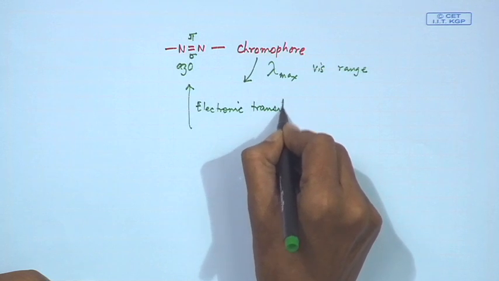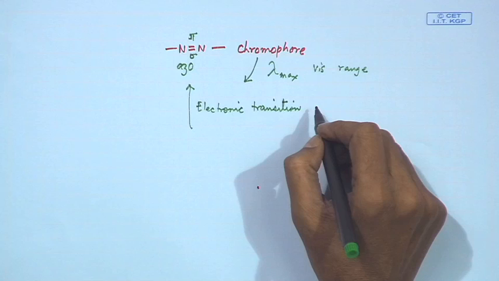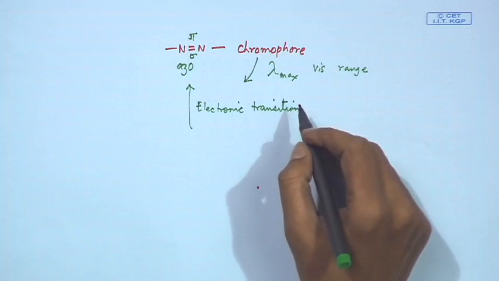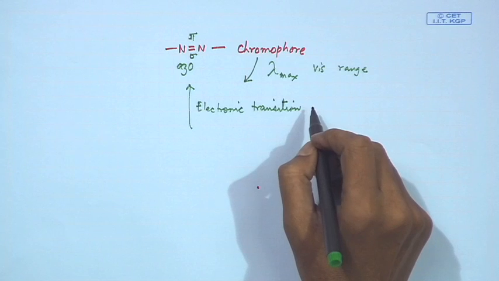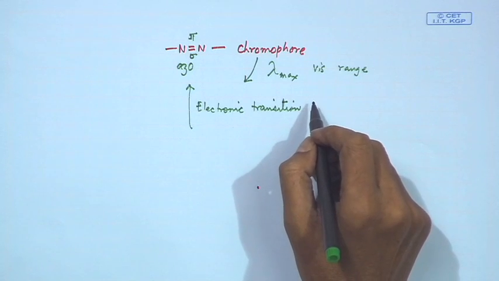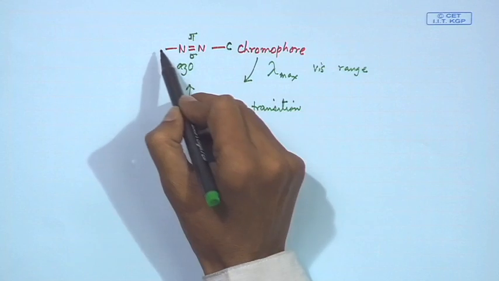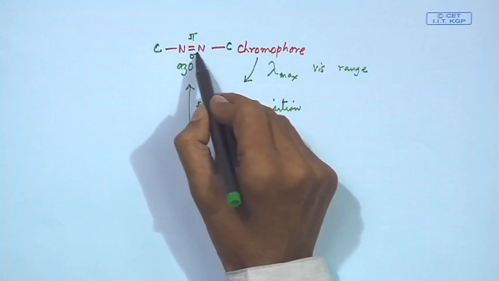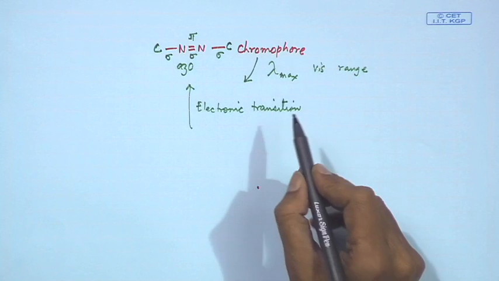it can be a very short-lived transition for a while only. If we are able to promote those electrons which are not so tightly bound like our sigma bonds, because if there is one carbon on this side and another on this side, the carbon-nitrogen bond is also attached by a sigma bond.